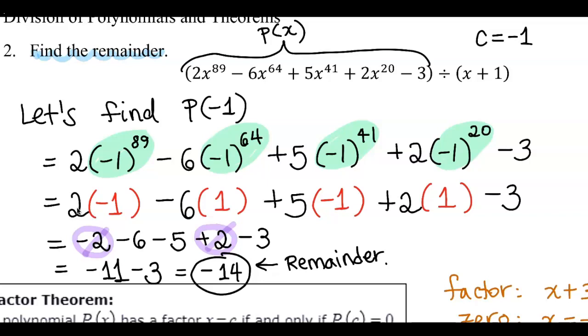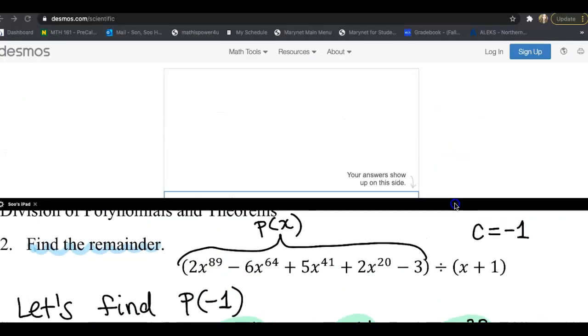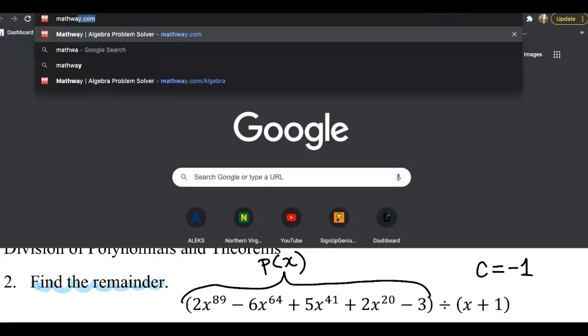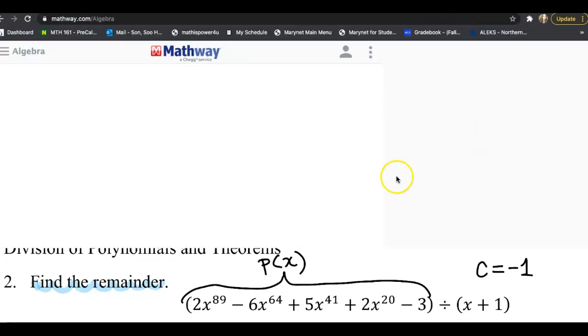I'm going to find an online calculator that is willing to do a division of 90 different terms. How about I go to our favorite little Mathway, just because I want them to do this. I don't really use this to do homework problems, and you really should not.